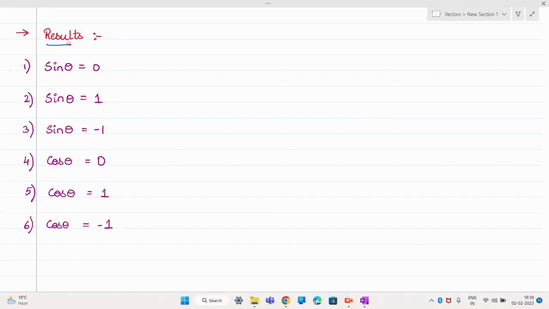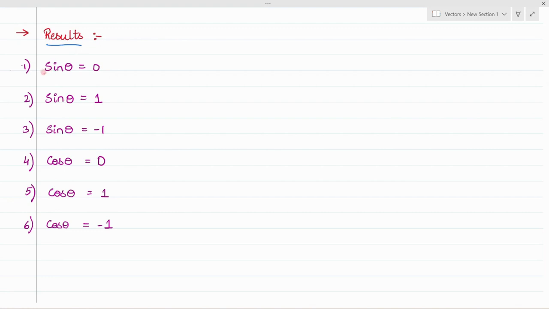Final results are: if sine theta equal to 0, the solution for theta is n pi, where n belongs to all integers. Second, if sine theta equal to 1, then the solution for theta is 4n plus 1 times pi by 2, where n belongs to all integers.